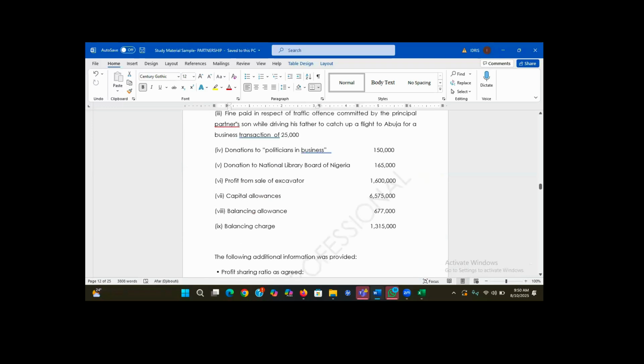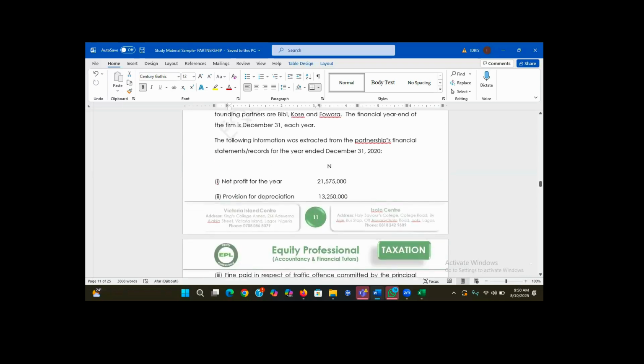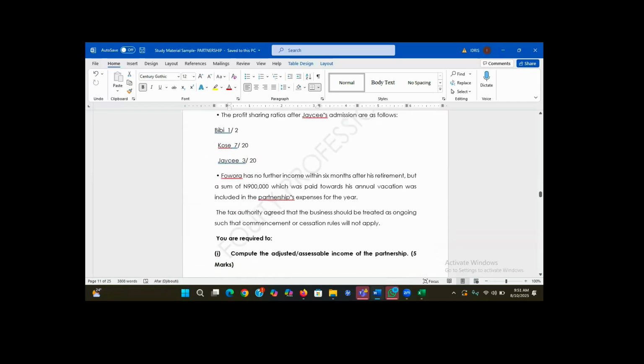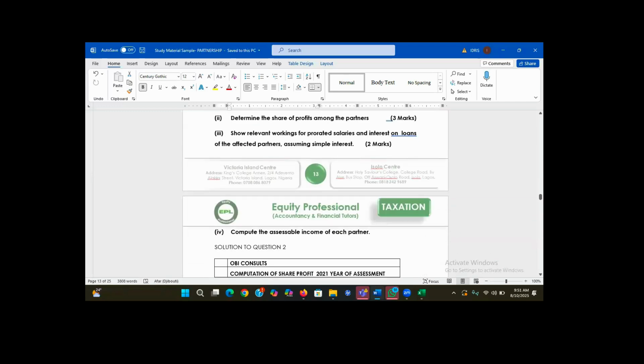If we want to compute adjusted profit, we need to have net profit for the year. We add back the disallowable expenses.